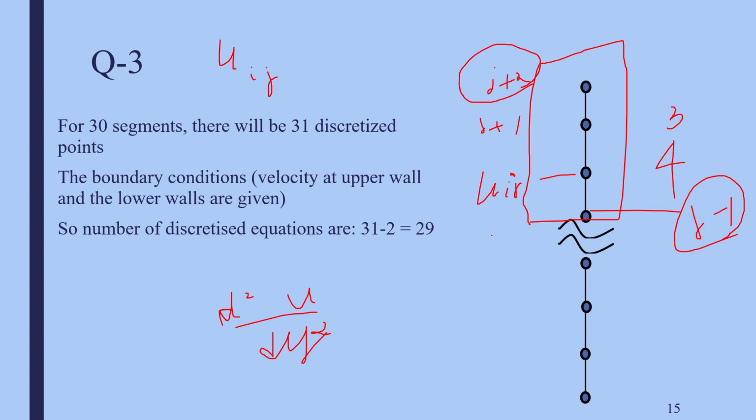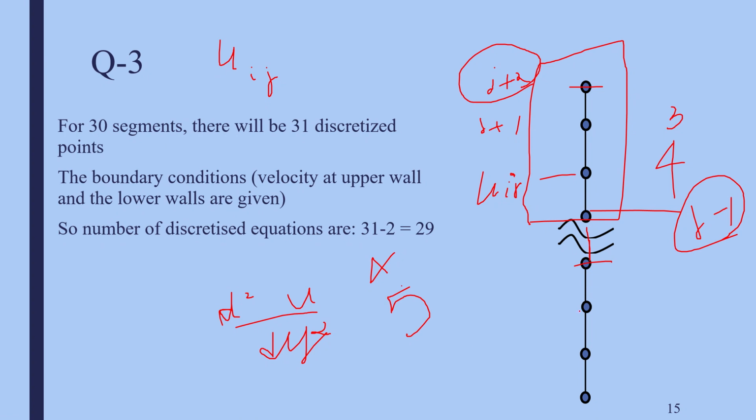We are having 2. Similarly, consider 5 points, with 4 equal segments. Excluding the top and the bottom one, we would be having 3 equations.